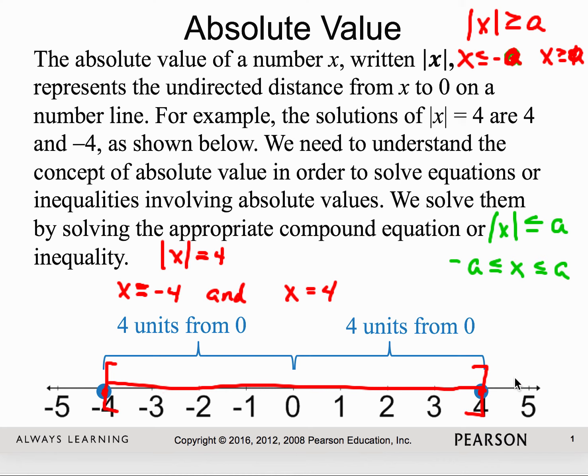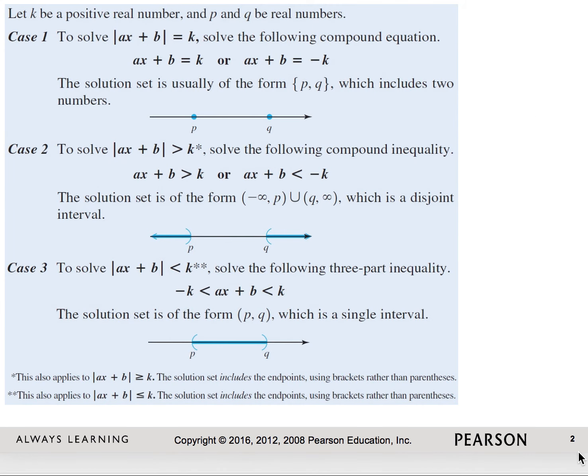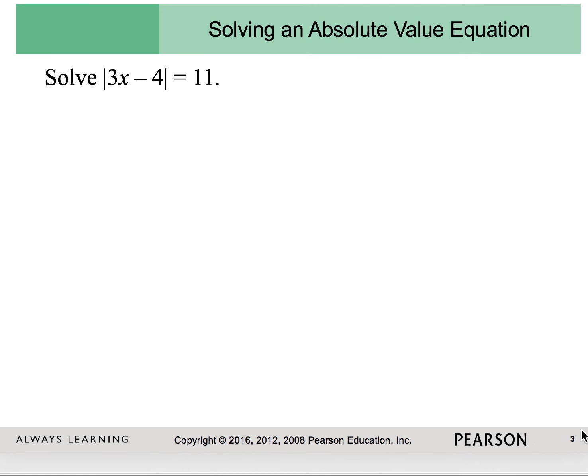You can back up and look at that again if you need to. And there's a little page there for you that kind of explains what I just explained. So you can read over this if you want to. But let's jump right in and start solving these equations.